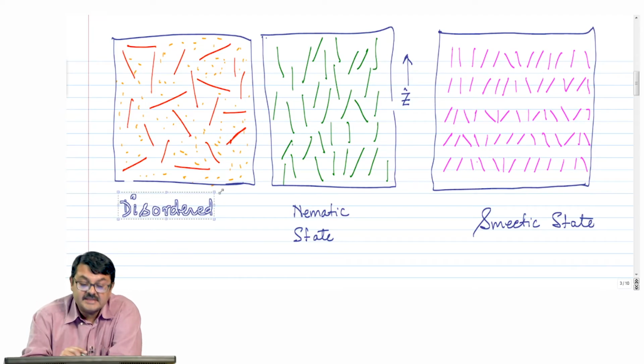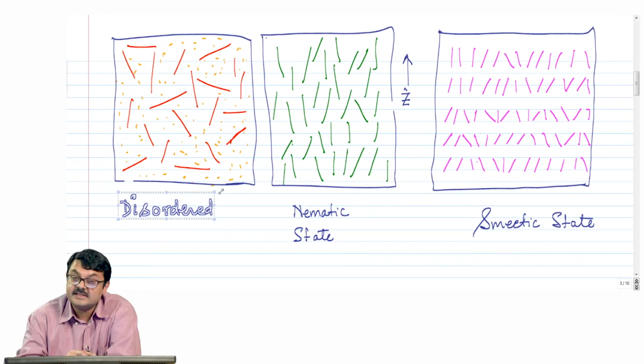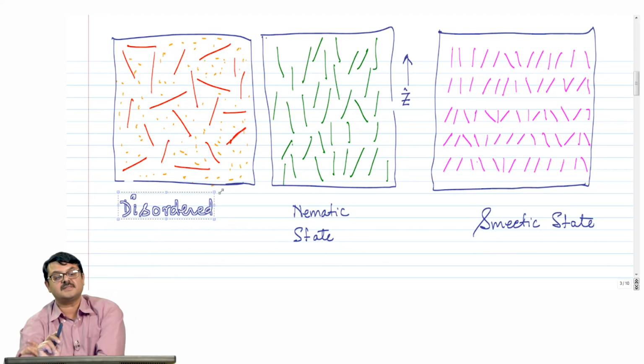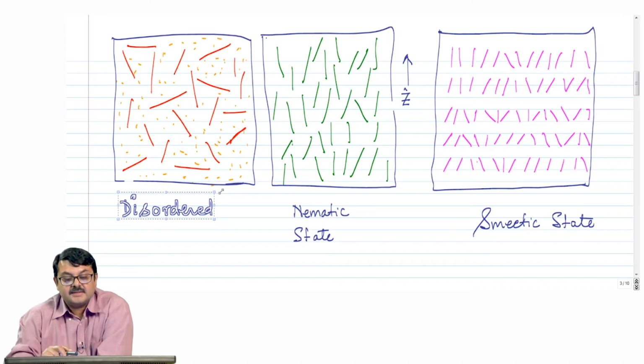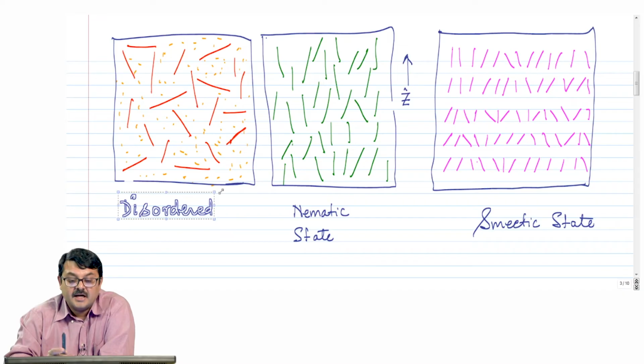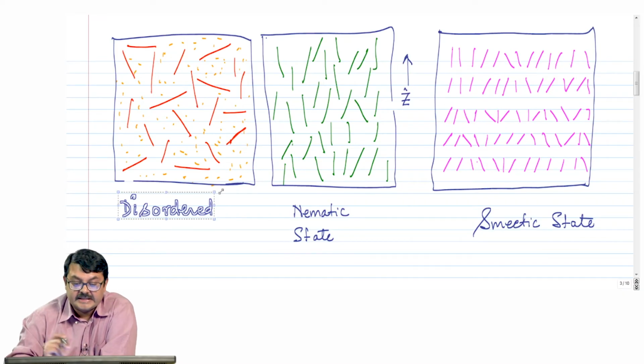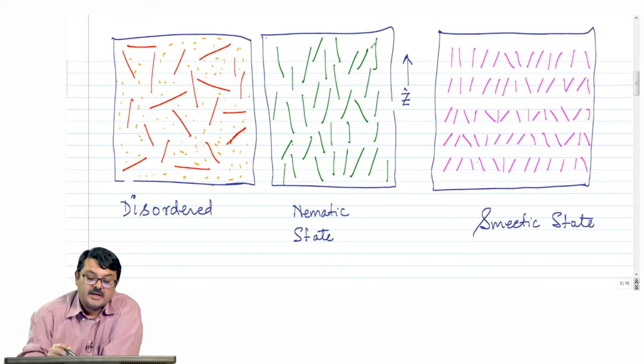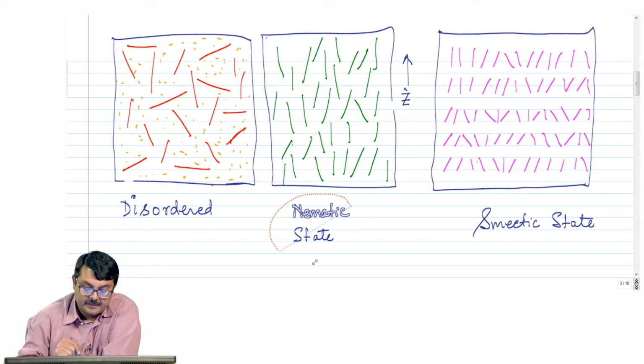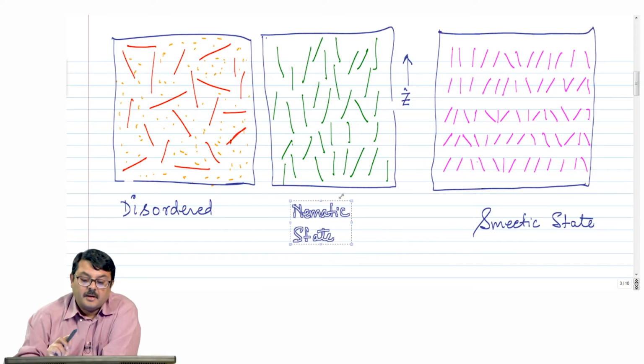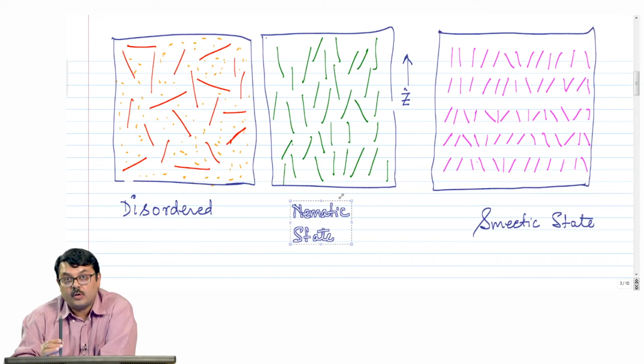Now, if you increase the density of these rod-like molecules in the system, they tend to orient themselves along a particular direction, say the z direction. In this state, which is called the nematic state or nematic phase, the average orientation of the axis is along the z direction, but the position can change.